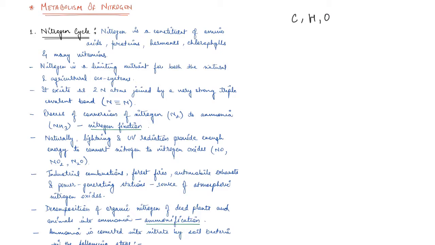And nitrogen is important for plants as well. Why so? Because nitrogen is a constituent of a lot of building blocks. So basically, it is a constituent of amino acid, protein, hormone, chlorophylls, and then many more vitamins and minerals, right?